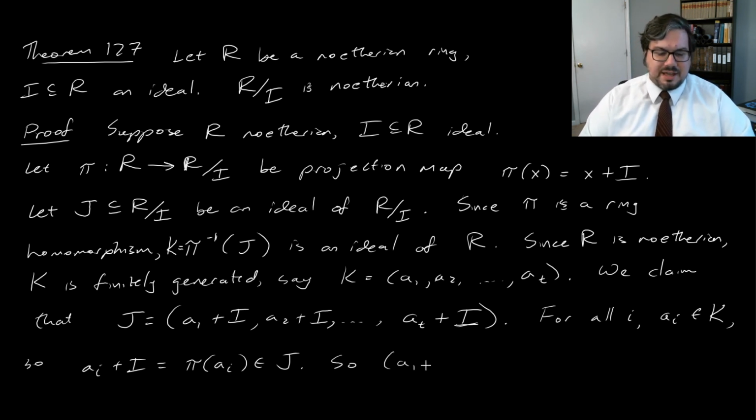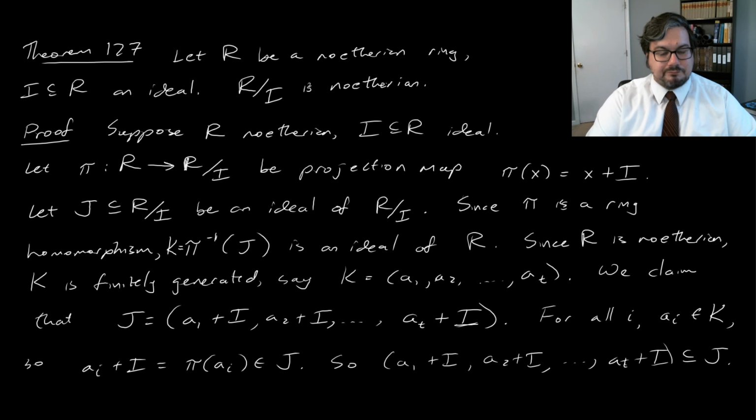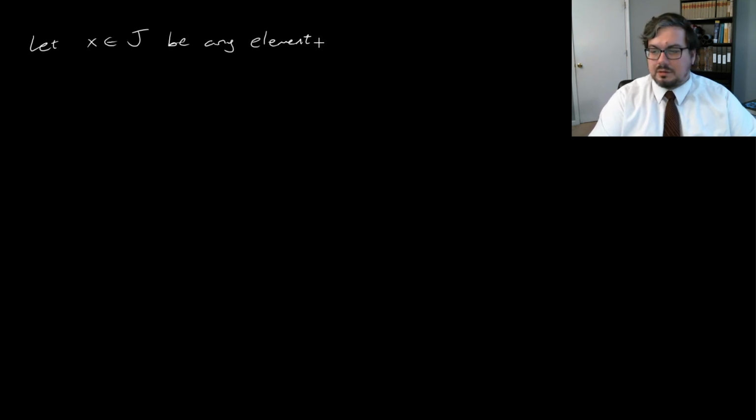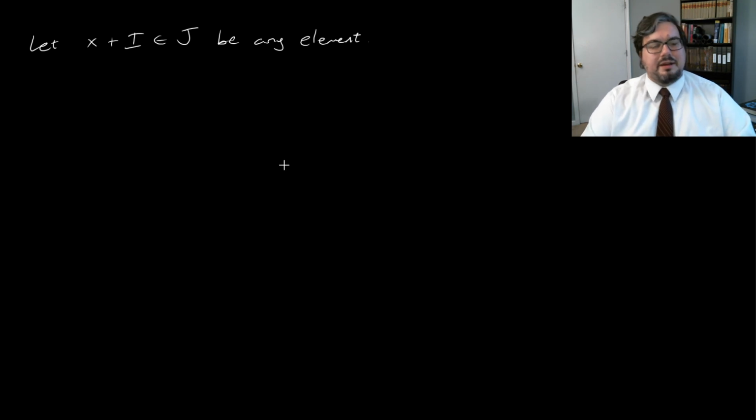So this shows that the ideal generated by A1 plus I, A2 plus I, up through AT plus I is contained in J. So now we need to go the other way around. So let X plus I in J be any element.